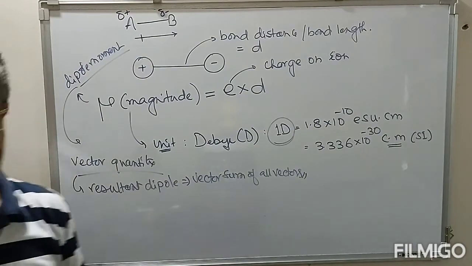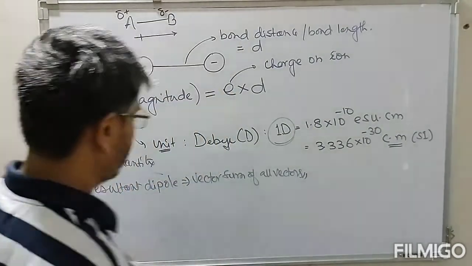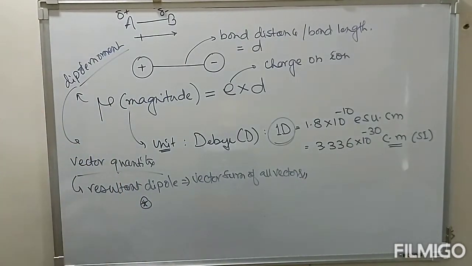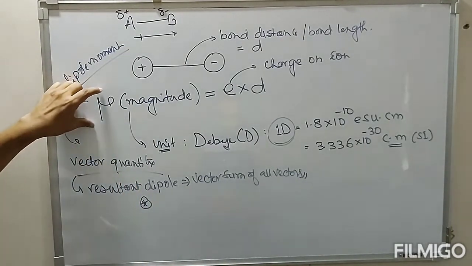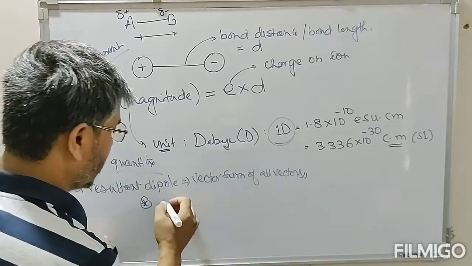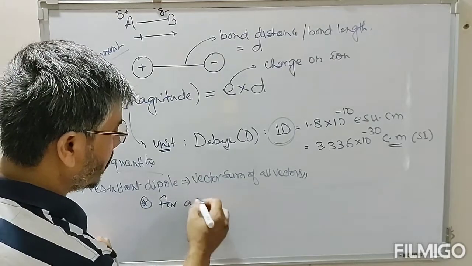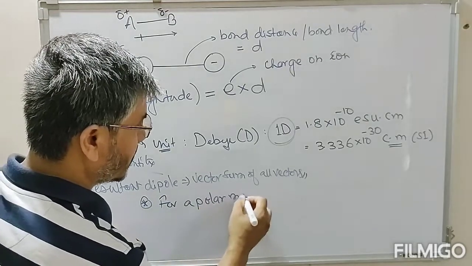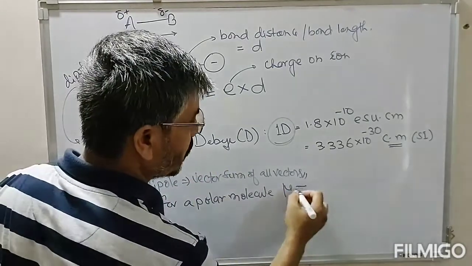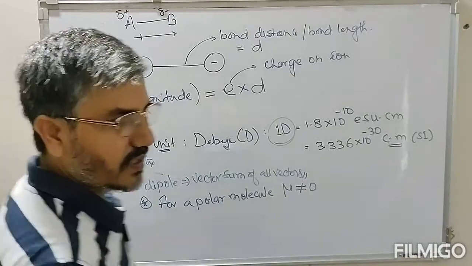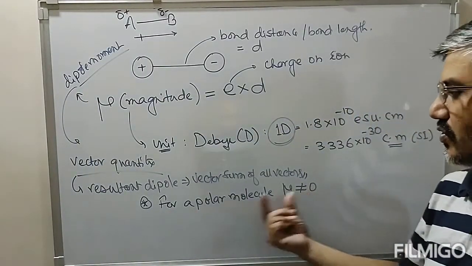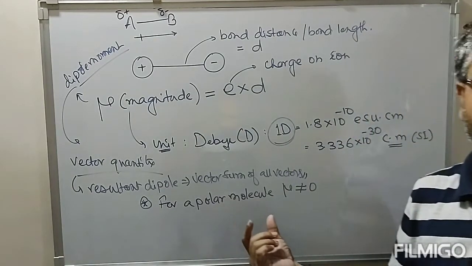So for a molecule to be polar, the dipole moment should not have a zero value. So for a polar molecule, the magnitude of this dipole moment should not be equal to 0. If the magnitude of dipole moment is 0, then the molecule is known as a non-polar molecule.